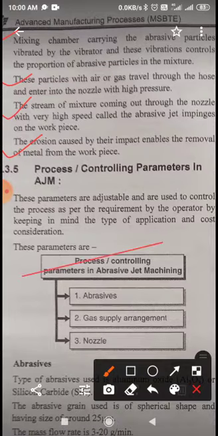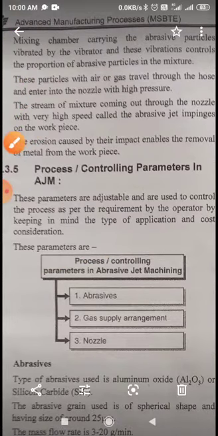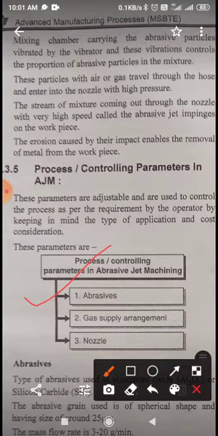This is how the abrasive jet machining process is done. Now the process controlling parameters. To machine the workpiece in the desired way, we have to control these three things: abrasive, gas supply and nozzle.